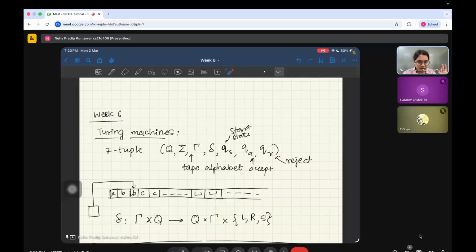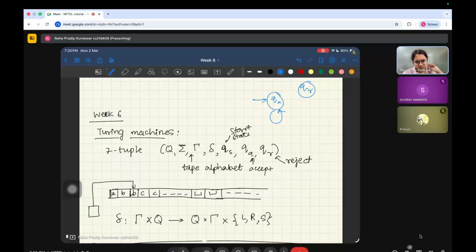They may not be reachable, but you can come up with a two state machine. Let's say QA itself is your start state and also your accept state, and QR is the reject state. And here, no matter what happens, you are always going to stay on this state.